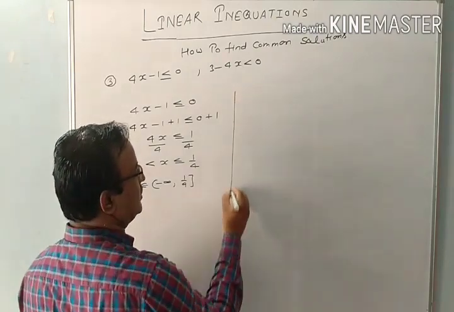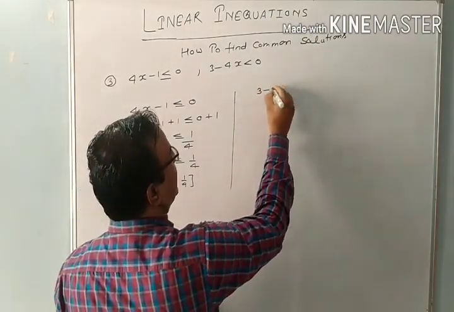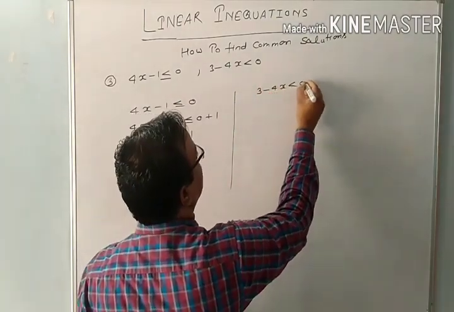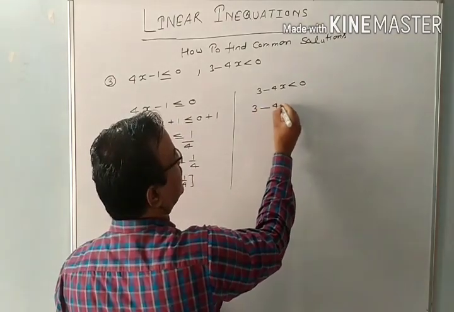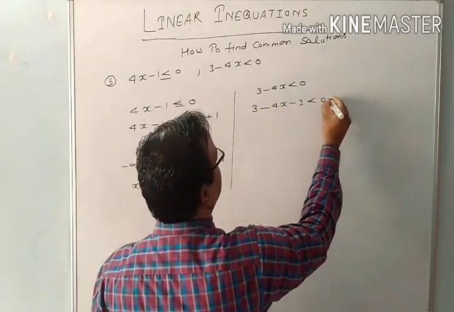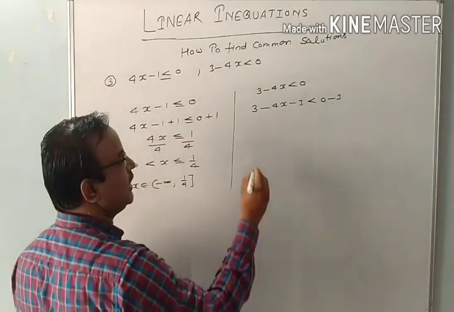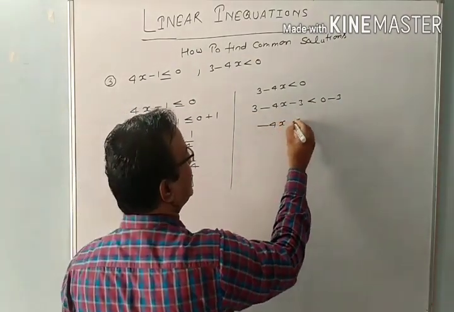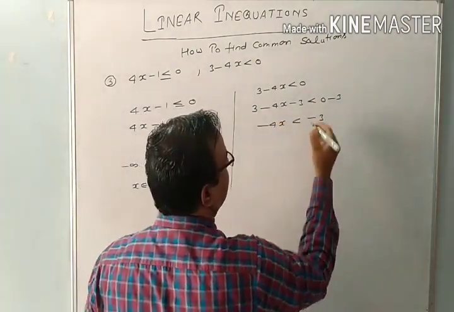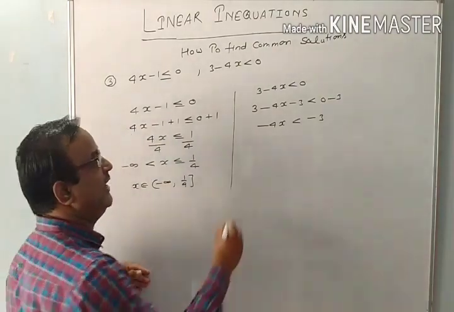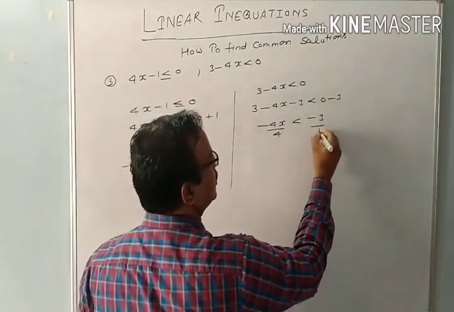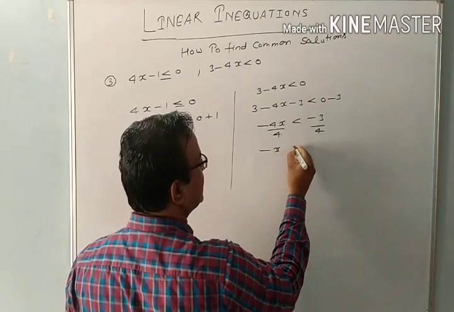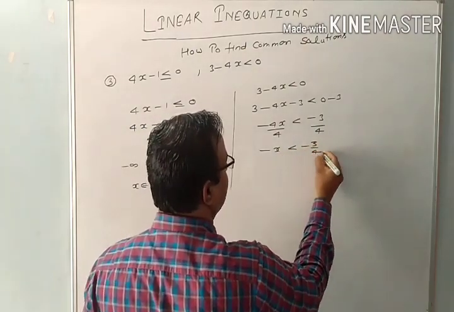Now the second inequation, 3 minus 4x is less than 0. So 3 minus 4x minus 3 is less than 0 minus 3. 3 cancels out. Now it is minus 4x is less than 0 minus 3, which is minus 3. First of all we will divide it by 4. So we write minus x is less than minus 3 by 4.